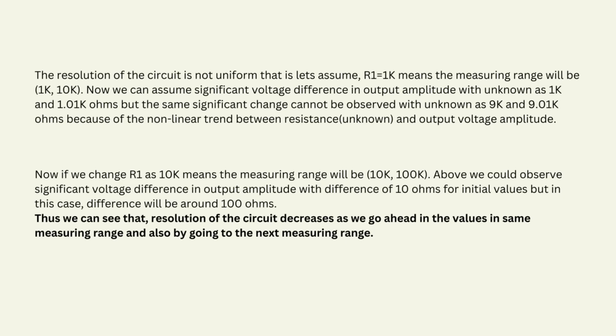This is the thing that resolution decreases as we go ahead in the values in the same measuring range, and also it decreases when we go to the next measuring range. That is the resolution point.